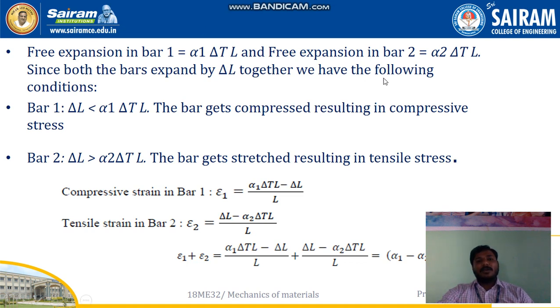So for bar 1 the change in length delta L will be less than the free expansion in bar 1. So the bar gets compressed, and a compressive stress is developed here, because the change in length is lesser than the free expansion of the bar. So it doesn't allow tensile stress; only compressive stress takes place in bar 1.